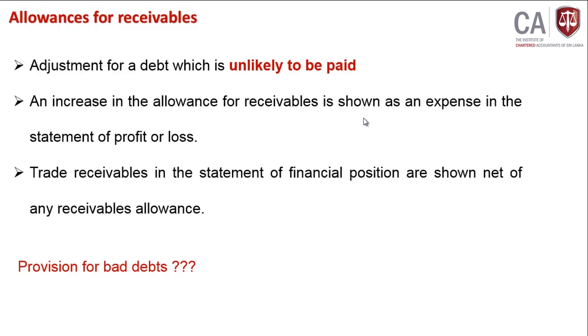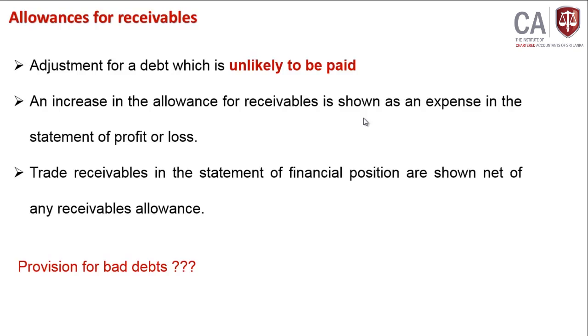Double entry: if it is impairment, credit debtor, debit P&L. For allowance for receivable, debit the account, credit where? The debtor account. Right, fine. That's the double entry. Any increase or decrease of the receivable allowance account you charge to P&L.